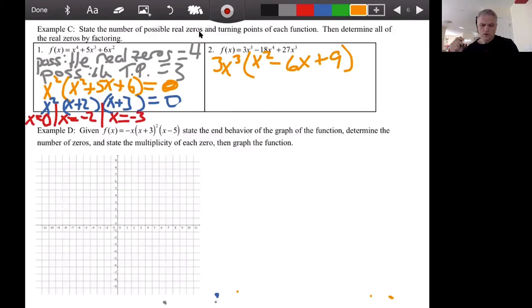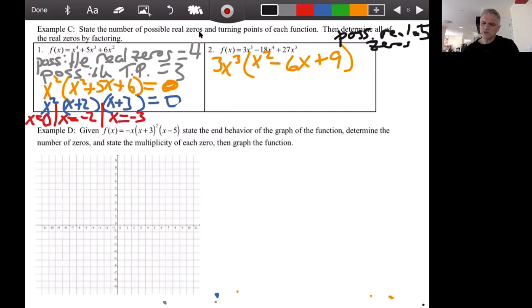Okay. All right. Now, those of you that are saying, hey, wait, we didn't say possible real zeros and turning points. Good, let's do that. So, possible real zeros. How many possible real zeros? Well, it's a 5th degree polynomial, so 5 equals 5.